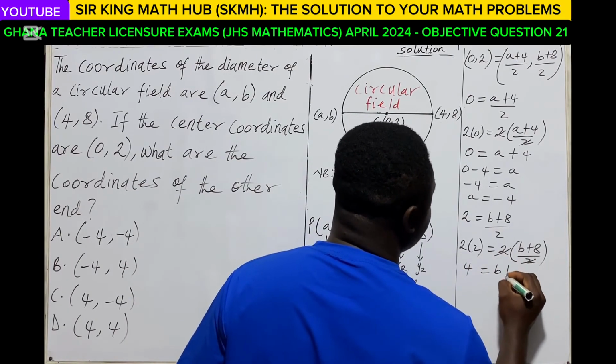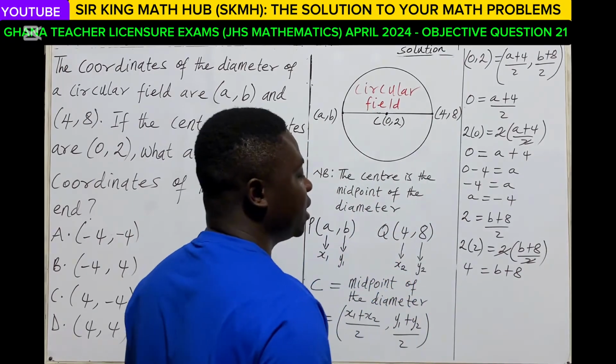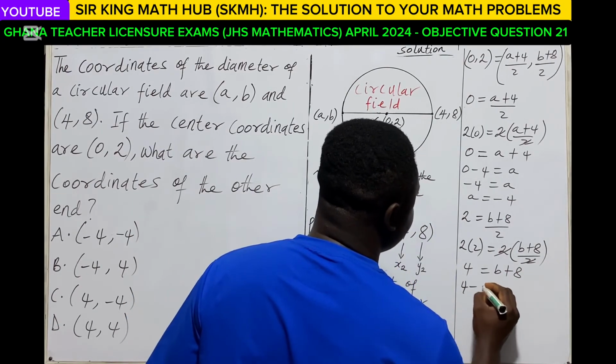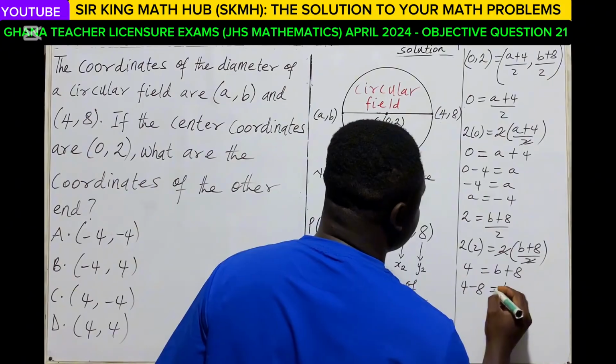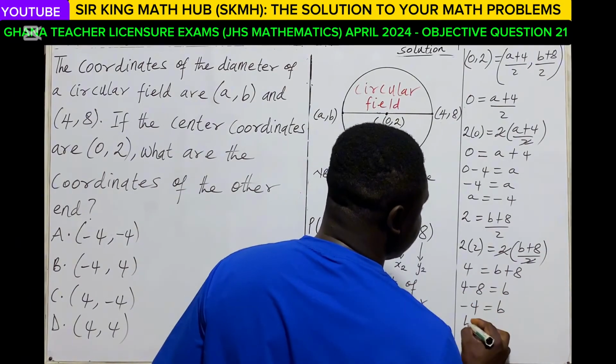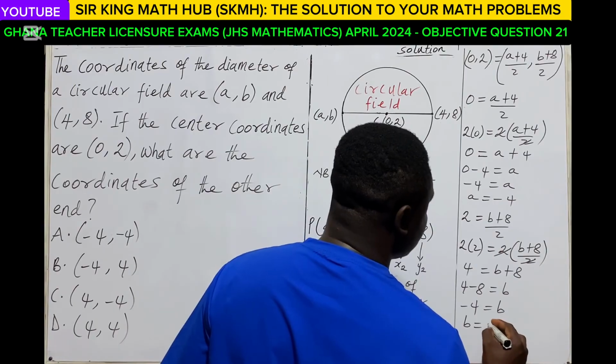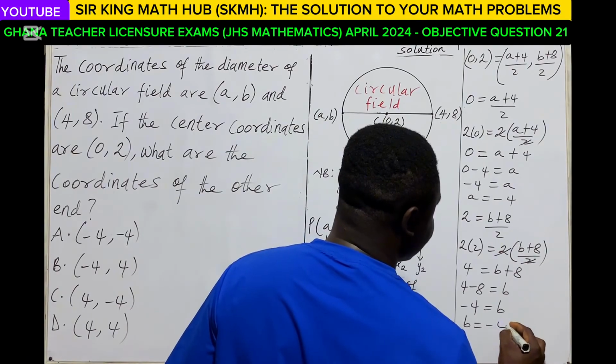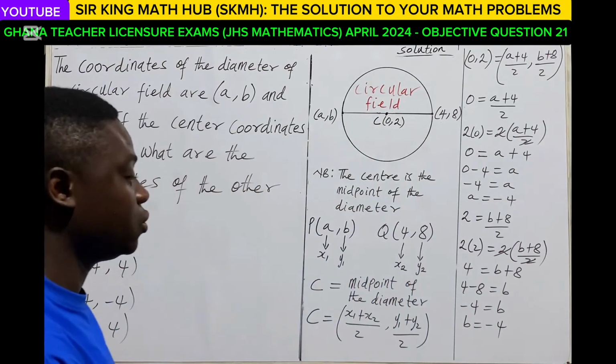We have b plus 8. Again, grouping like terms, we have 4 minus 8 is equal to b. And minus 4 is equal to b. Therefore, b is equal to minus 4.